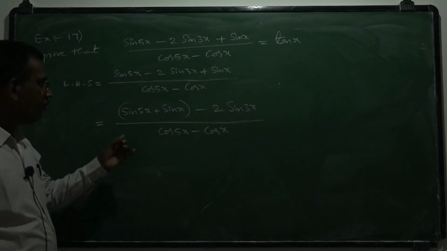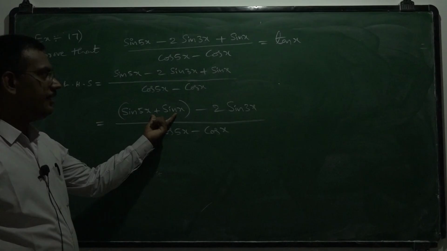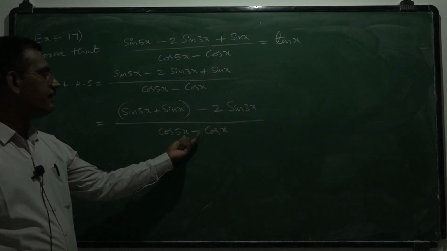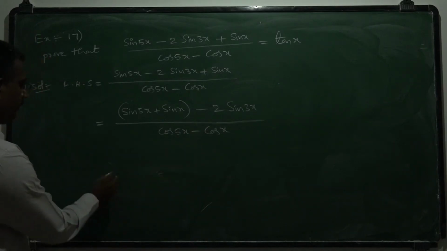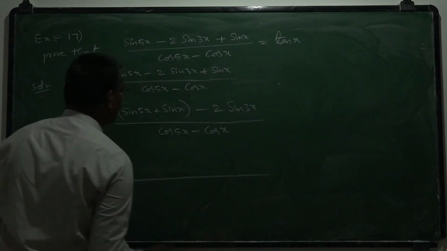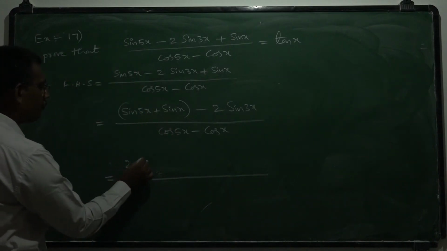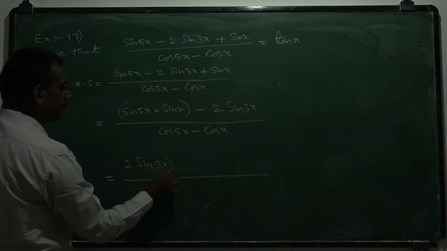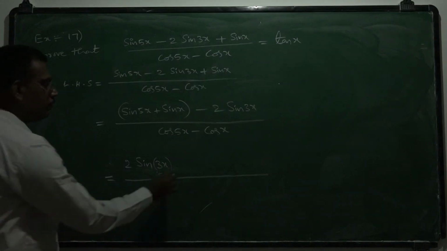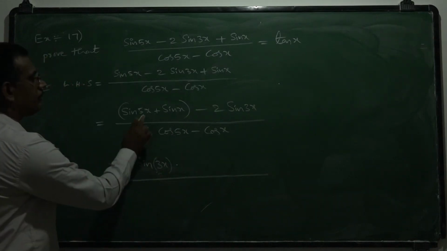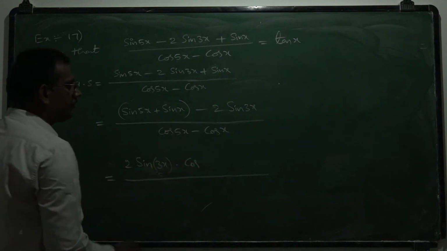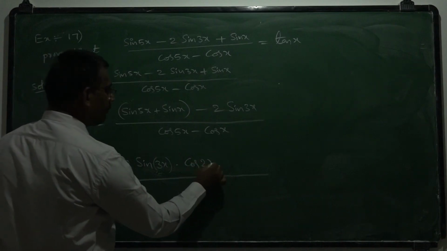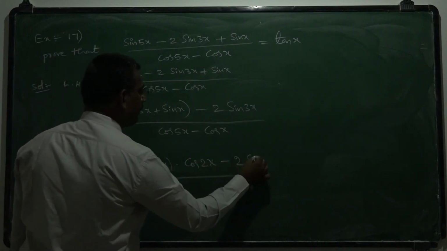In the numerator we use the formula sin c plus sin d, and in the denominator we use the formula cos c minus cos d. Sin c plus sin d is 2 sin of c plus d by 2, 5x plus x, 6x by 2, nothing but 3x, into cos of c minus d by 2, 5x minus x, 4x by 2, nothing but 2x, minus 2 sin 3x.